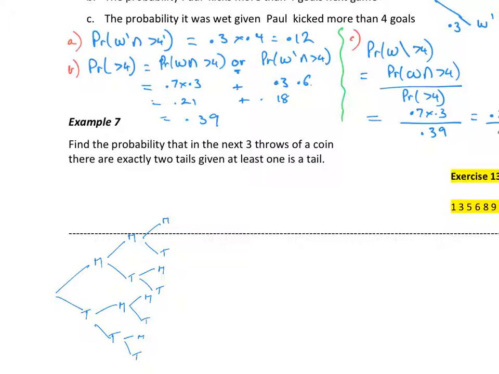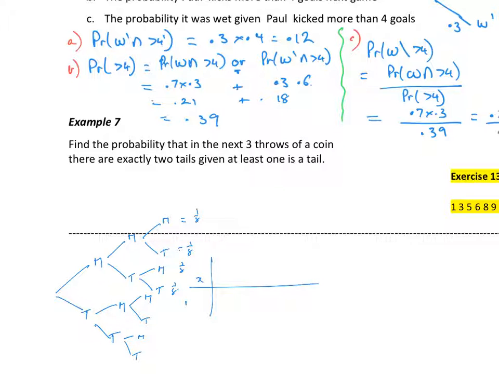I think it's sometimes easier just to do a distribution, but we're not up to distribution yet, so we won't do that. So there's all my probability. A head, head, head is equal to a half by half by half, which is 1/8. So each one of these is 1/8.